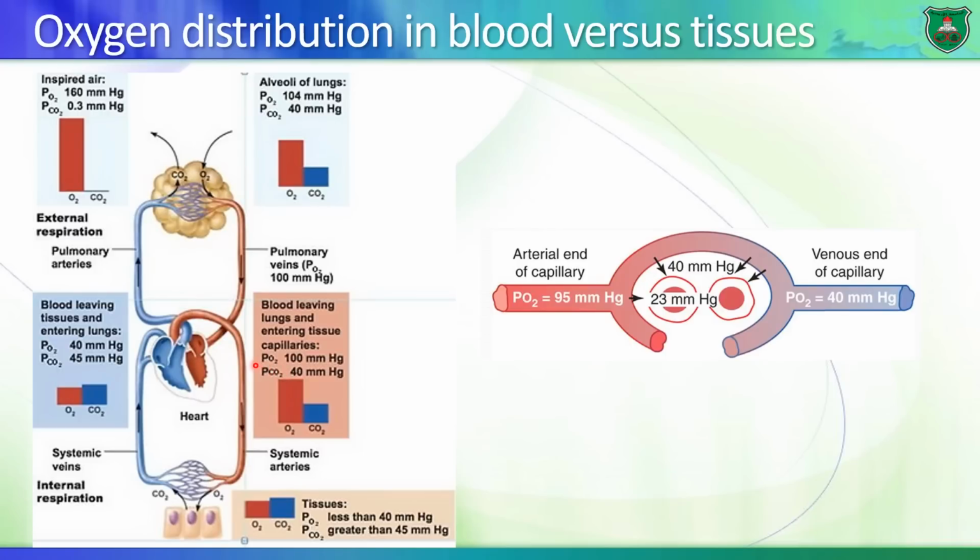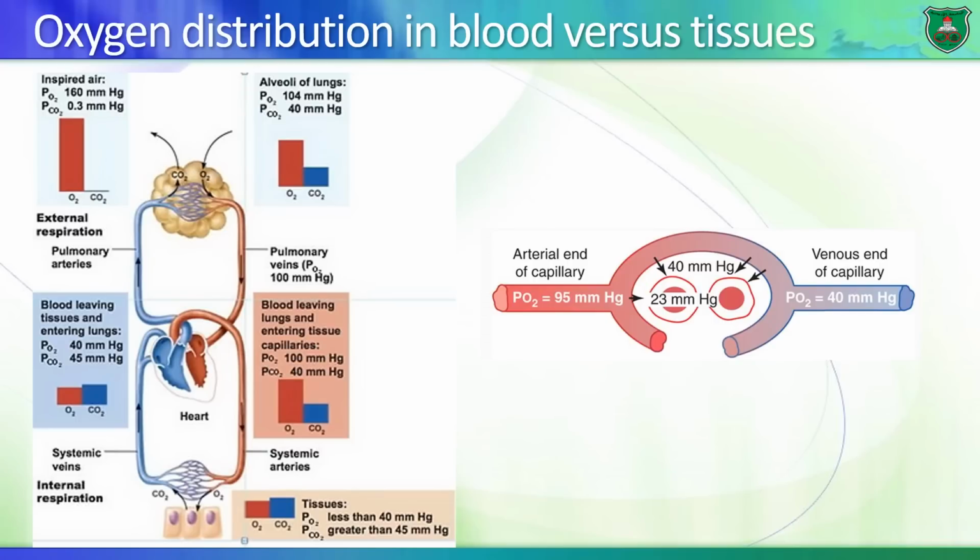Once the blood reaches tissues, there is a very low level of oxygen and still a high level of CO2 as a result of metabolism. This causes a shift in the structure of hemoglobin from the R state in lungs to the T state in tissues. Now the interaction between hemoglobin and oxygen is low and oxygen is released. When blood leaves tissues, the level of oxygen is about 40 torr and CO2 about 45, and it goes back to the lungs and so on.